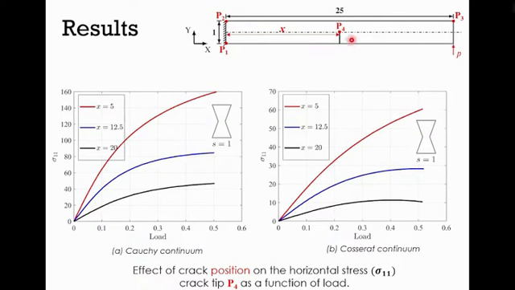We can see that as the location of the crack is farther away from the load applied location, also as the x decreases, the stress concentration at the tip becomes more clear, more significant.